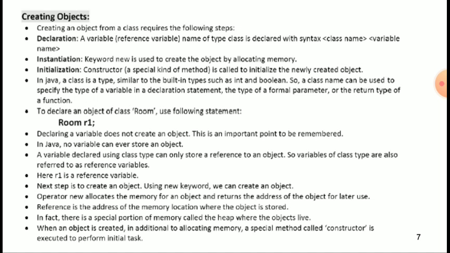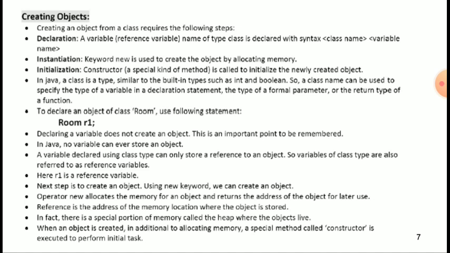Next topic is creating an object. First, I explained the class, and second is the object. Creating an object from a class requires the following steps. First is declaration. A variable name of type class is declared with the syntax class name and variable name.